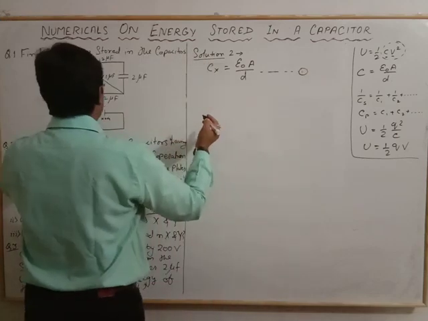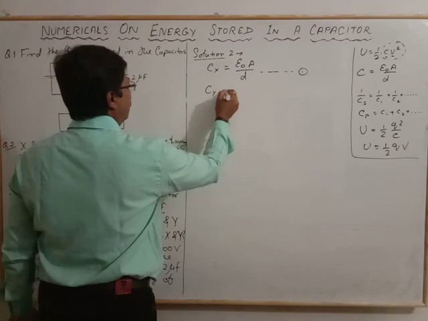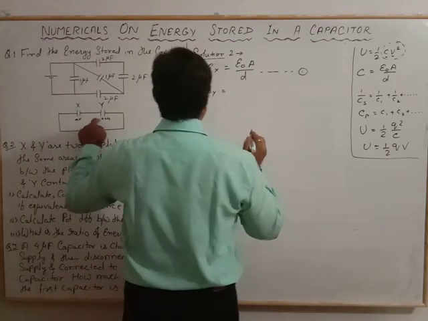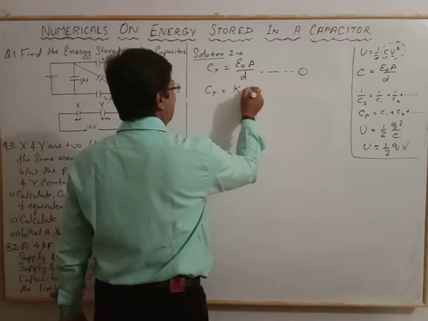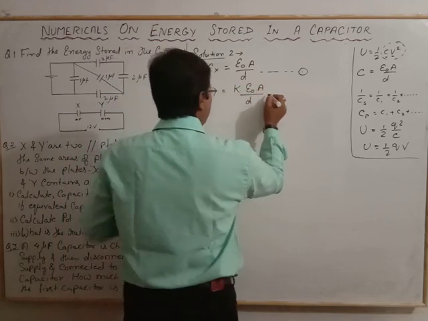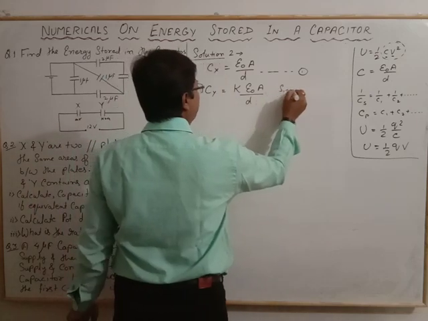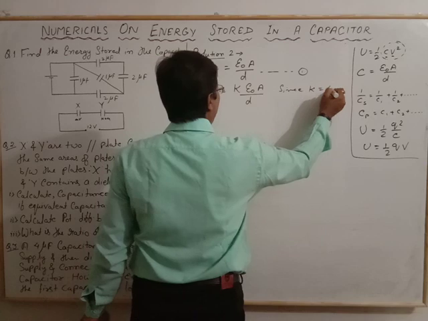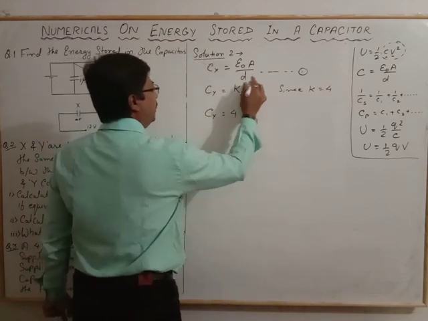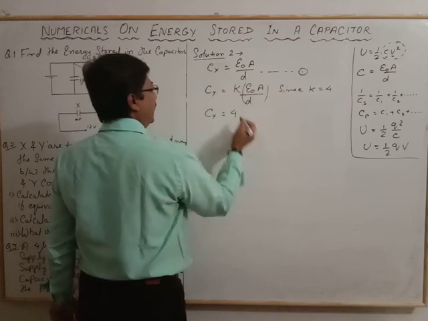Now for the capacitance of the second, that is Y. For capacitor Y, we know that it has a dielectric, so the capacitance is K epsilon naught A by D. Since K is equal to 4, Cy is equal to 4 times, and in place of epsilon naught A by D we can write Cx.